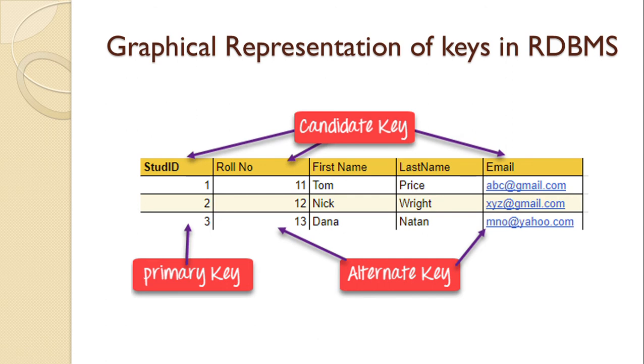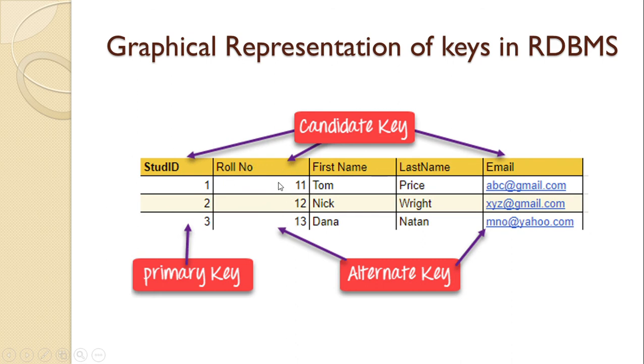And here is a graphical representation of several keys. This is the table of student containing the student ID, roll number, first name, last name, and email ID. We can see that the student ID and roll number all have unique values, and the email also has unique values. So these are the candidate keys, because they never contain null values and never contain duplicate values.